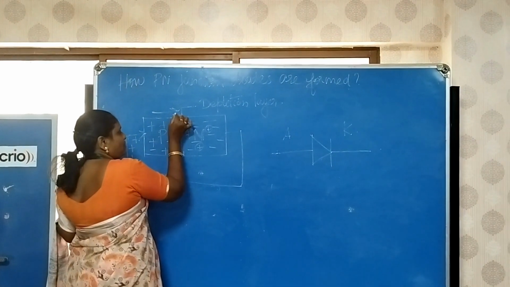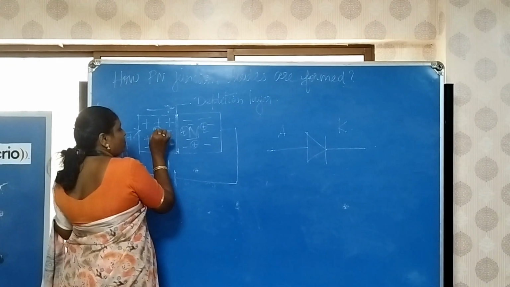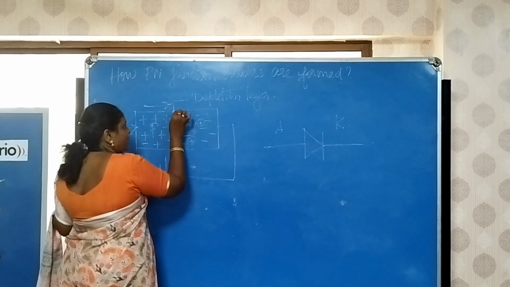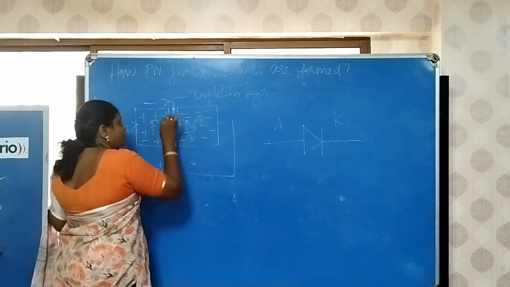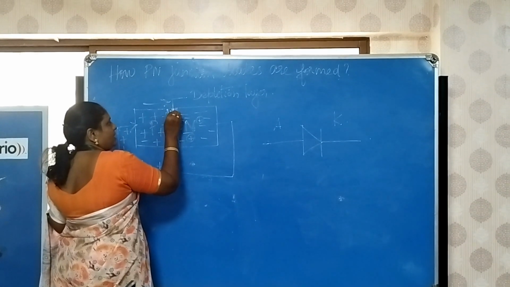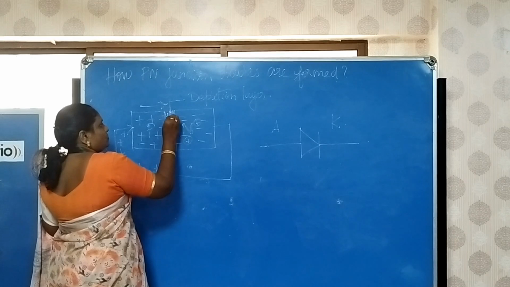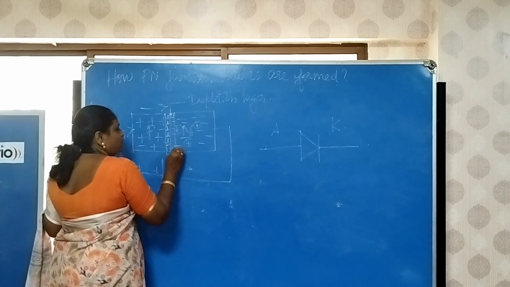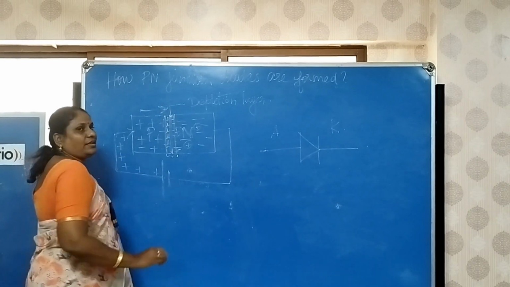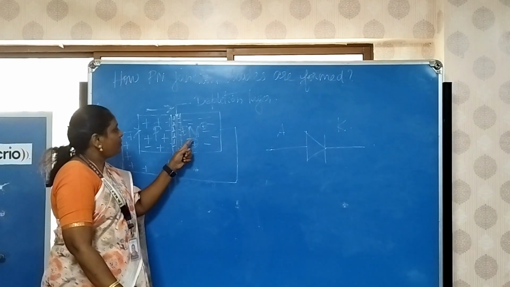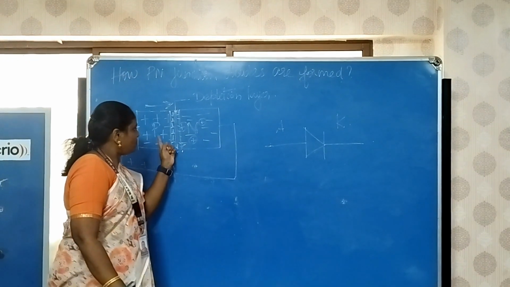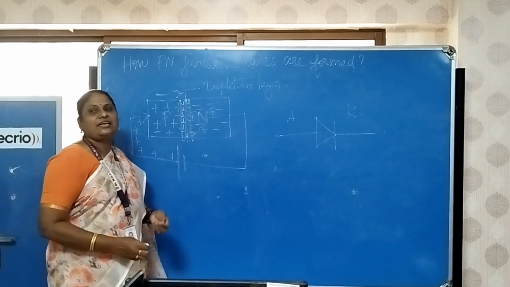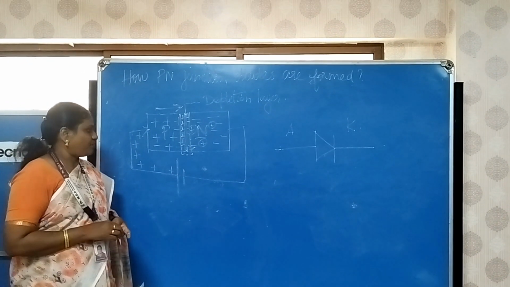So the conduction takes place from the P region to the N region. It will break this region, and the width of the depletion layer will be less. The depletion layer will be very small for smooth conduction of the PN junction diode, so carriers cross over and conduction takes place in forward bias.